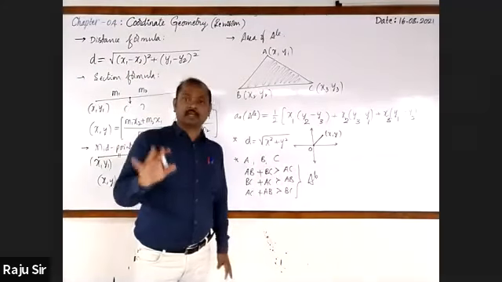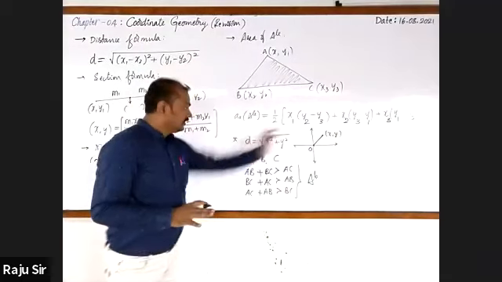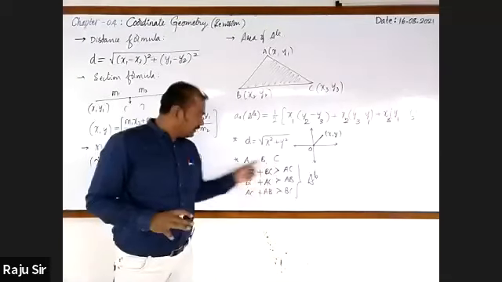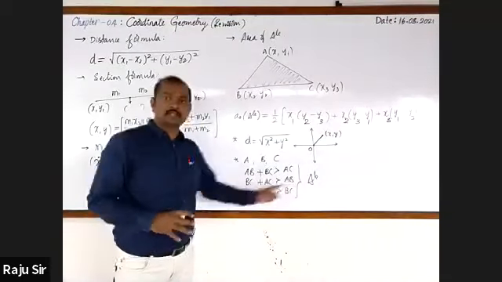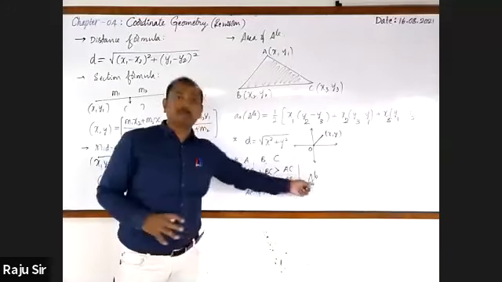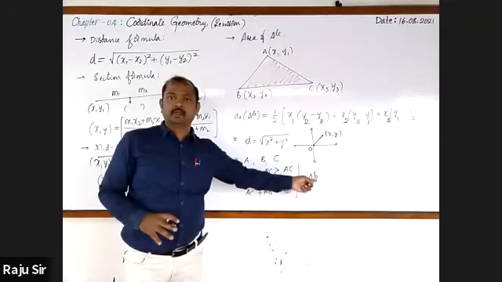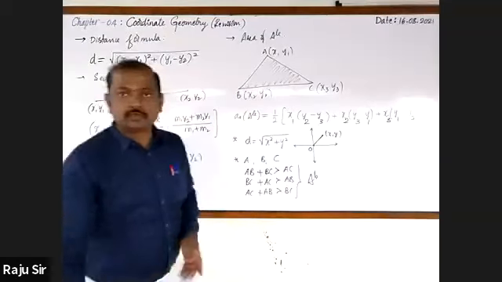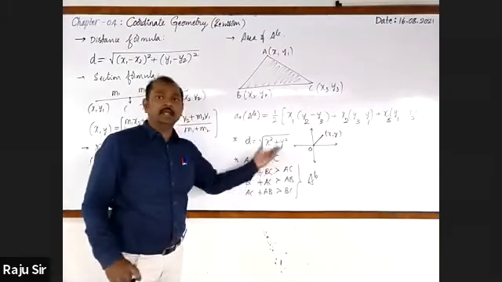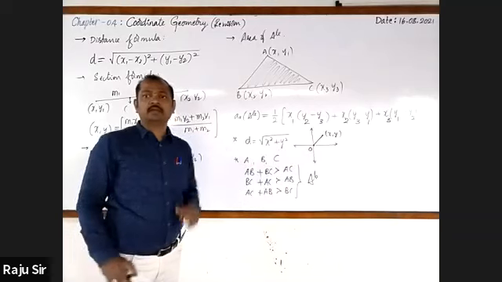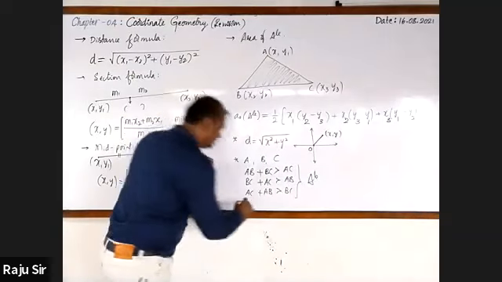Only non-collinear points form a triangle. If these three conditions hold good, you can say that those 3 points will form a triangle. If they do not hold good, then you can say that A, B, and C are collinear.